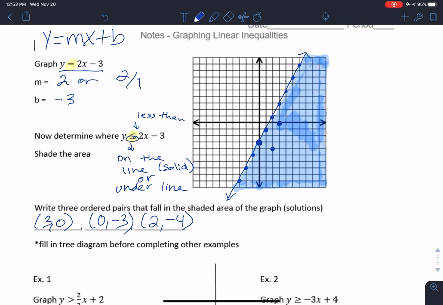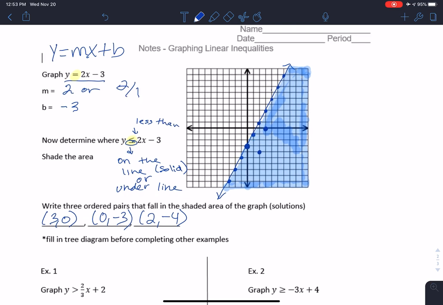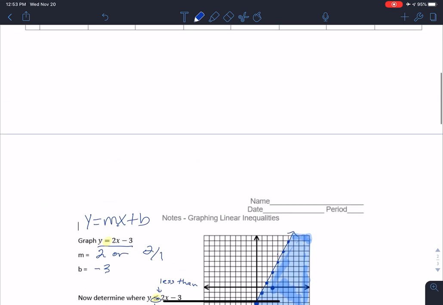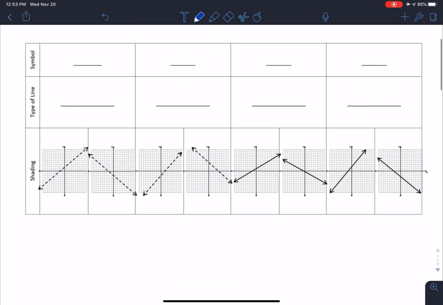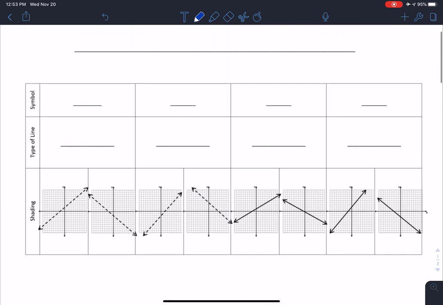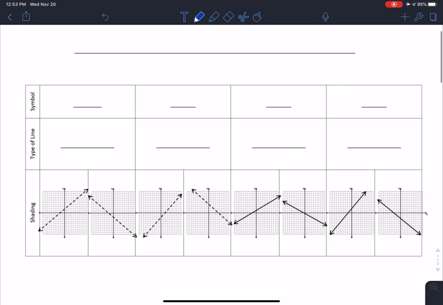So before we do some more examples, we're just going to cover some vocab and make a little tree diagram that's going to be very helpful in case you forget when to shade or if my line is solid or dotted and so on. So on top, I'm going to put my symbols. We're going to start with the greater than symbol. Okay. So the type of line is going to be dashed, or some people call it dotted.